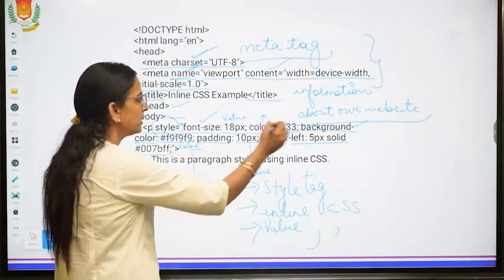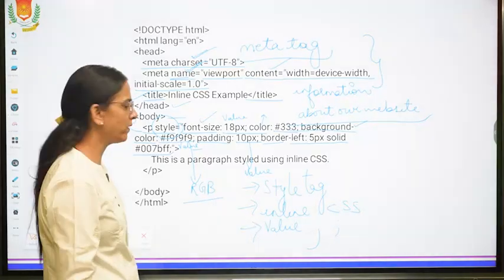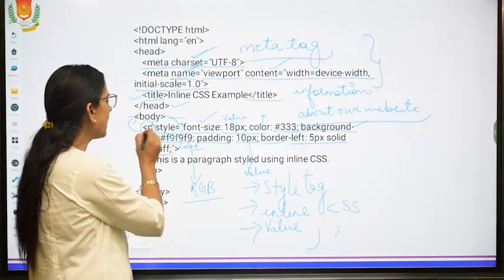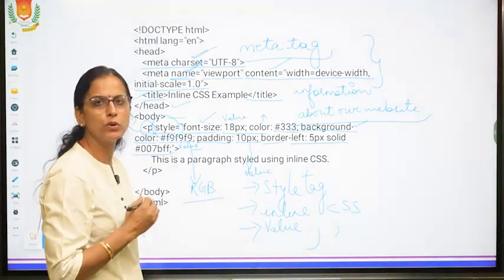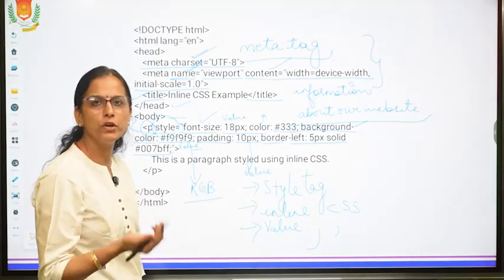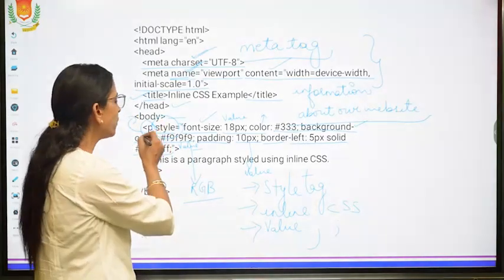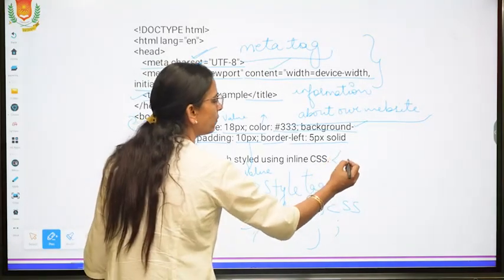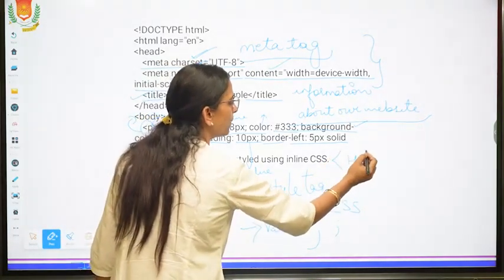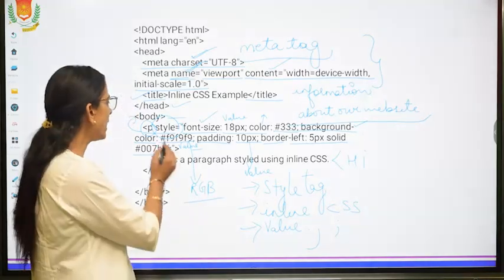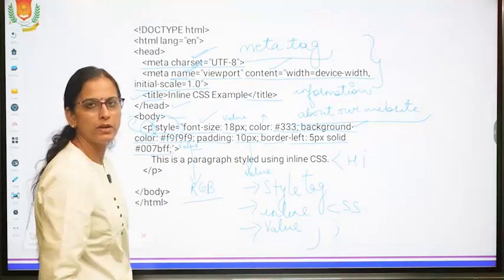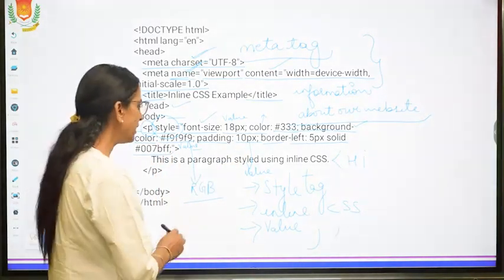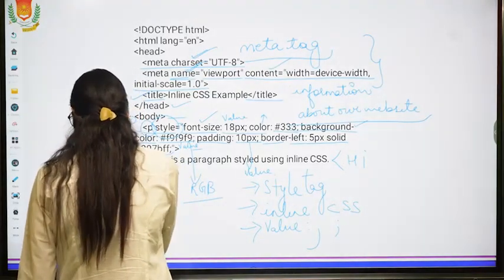So these are the different values given. Any tag, here we have applied it till the P tag. You can do it with the table tag. You can do it with the heading tag. Suppose you want to apply all these things for the heading level 1. So in place of P, you will write H1 and then the entire properties. So this is the inline CSS.